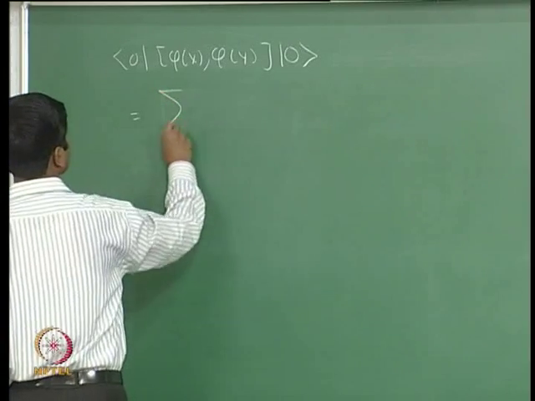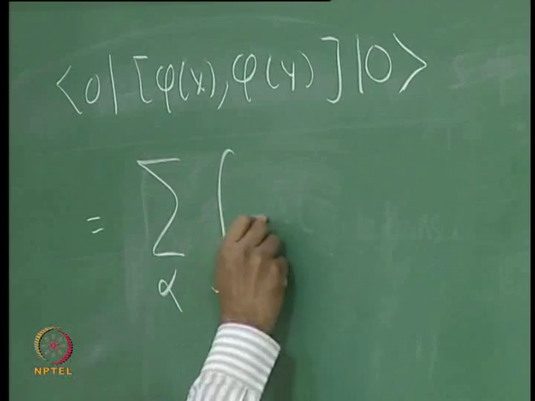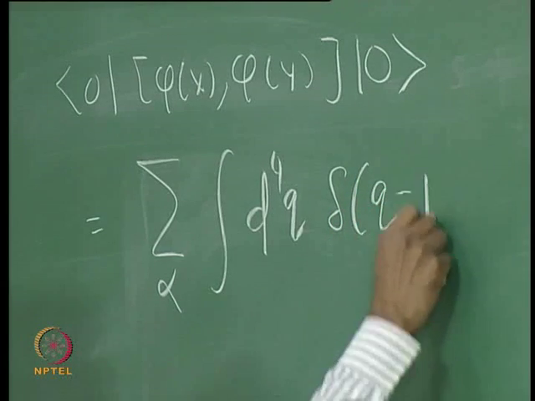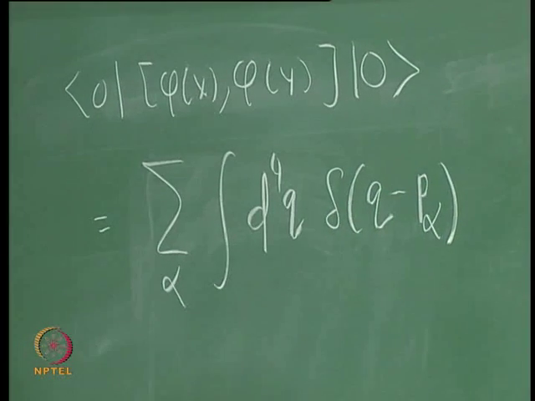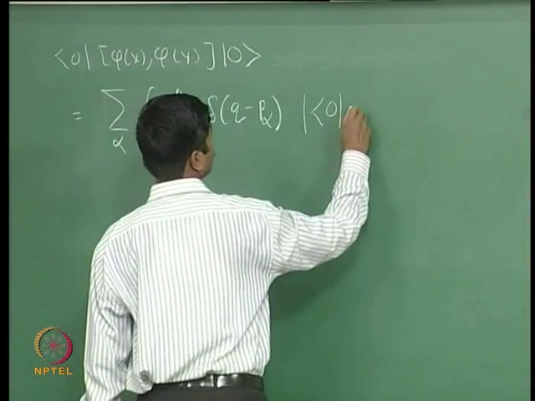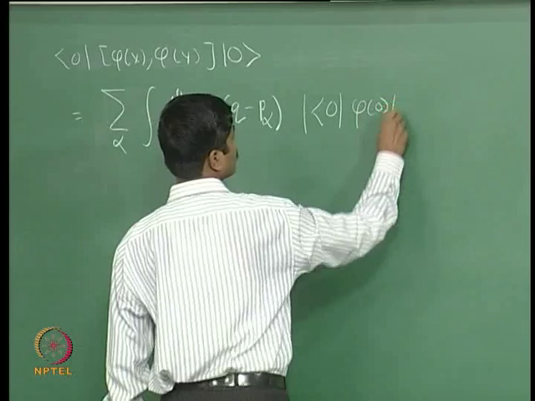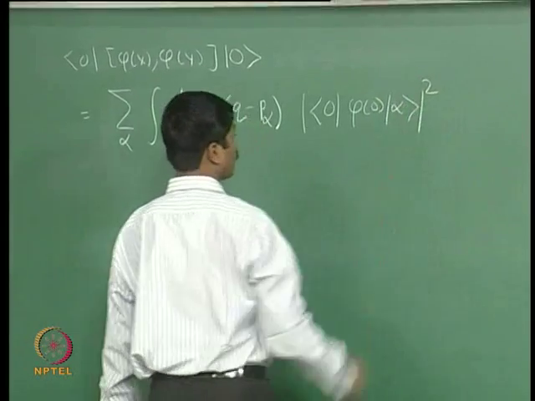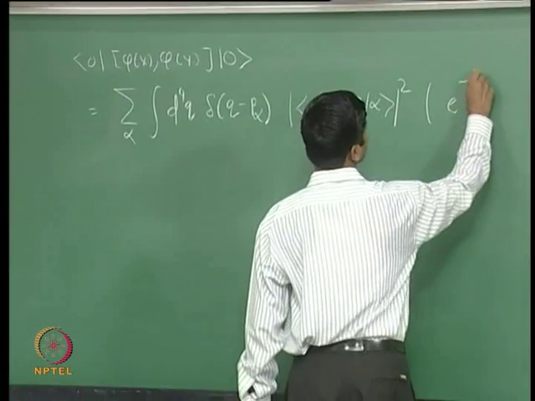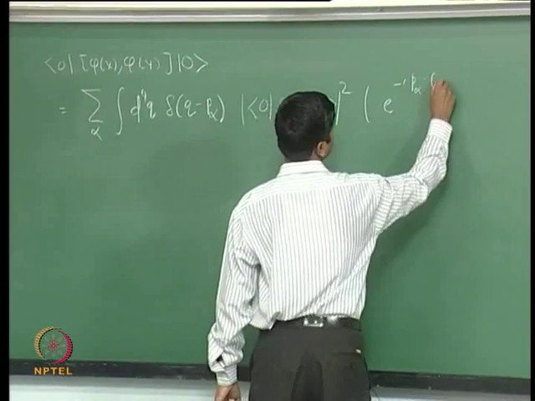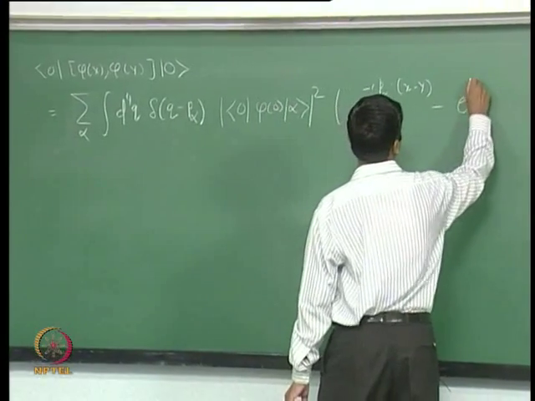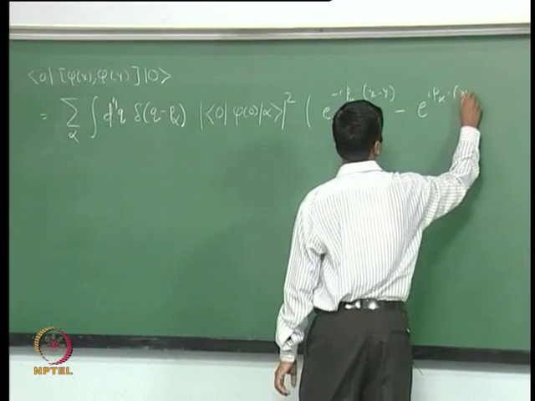So, this is sum over alpha, integration d4 q delta of q minus p alpha, mod of phi of 0 alpha mod squared, times e to the power minus i p alpha dot x minus y, minus e to the power i p alpha dot x minus y.